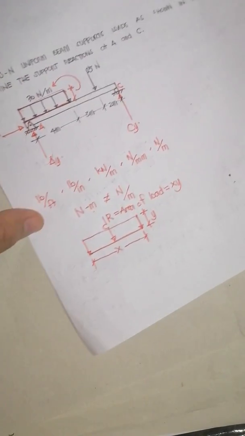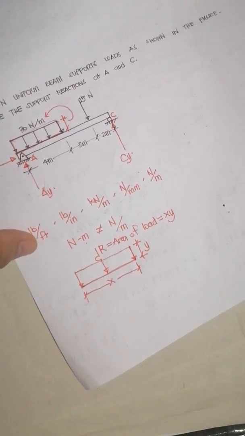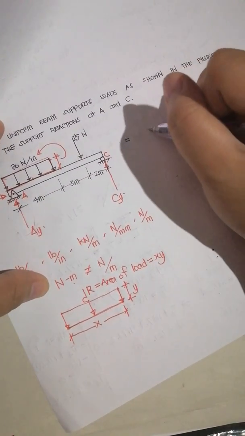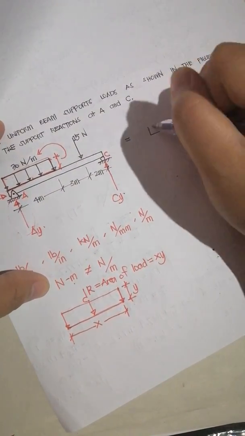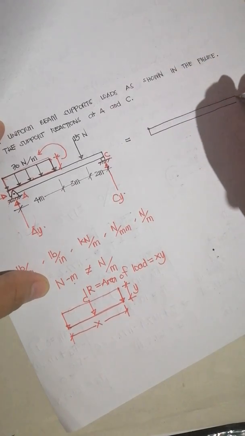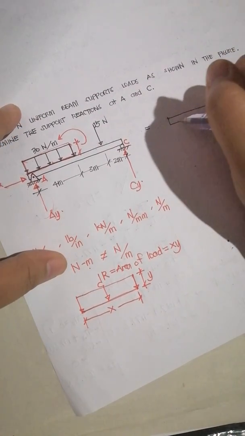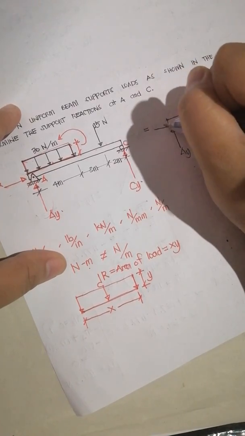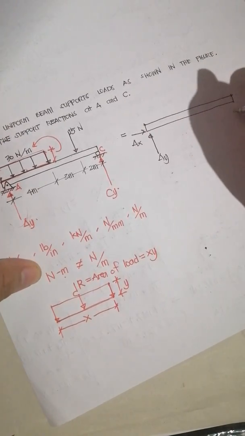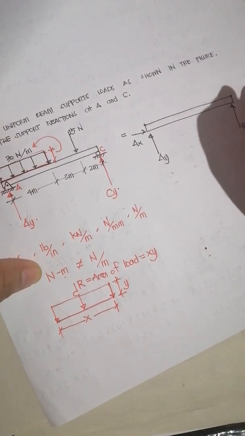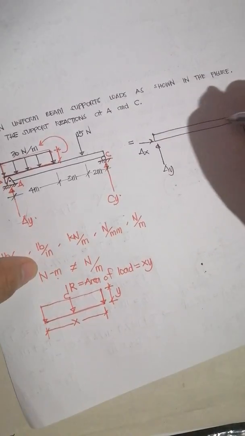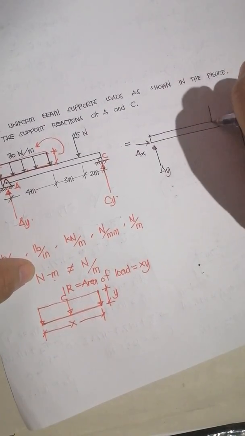Therefore, if you're going to redraw this beam, again for this beam, there is a y here, an x, and then here Cy, and then we have also here a 15 Newton load.